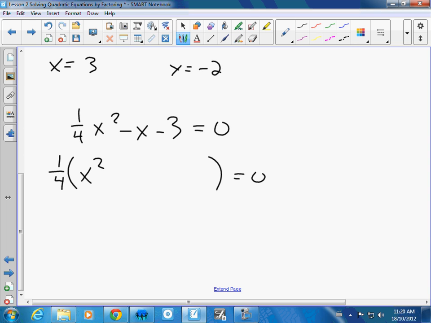Oh, careful now. Negative 1 divided by a quarter is the same as negative 1 times 4/1, which is negative 4. Oh, that actually worked out quite nice, didn't it?